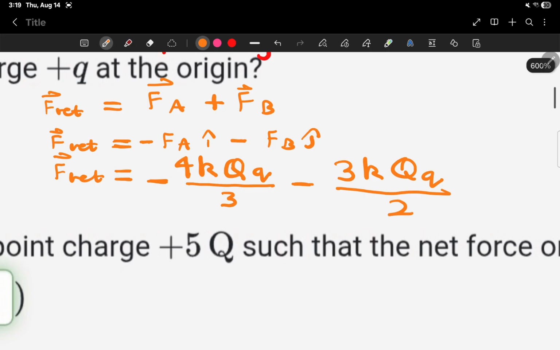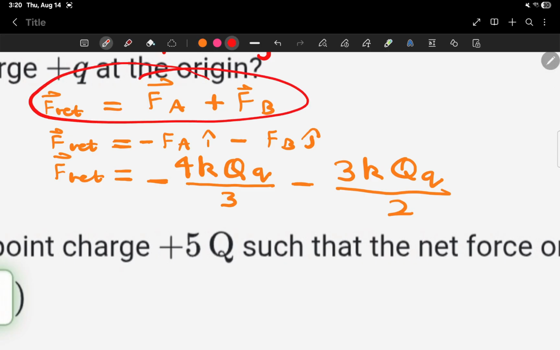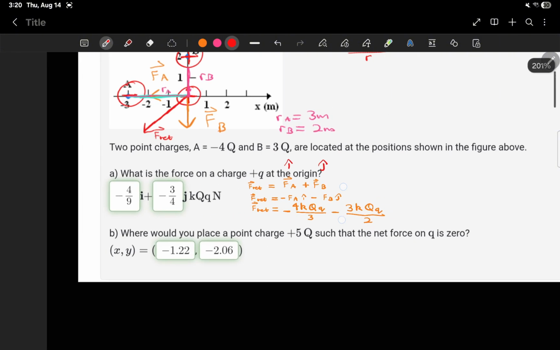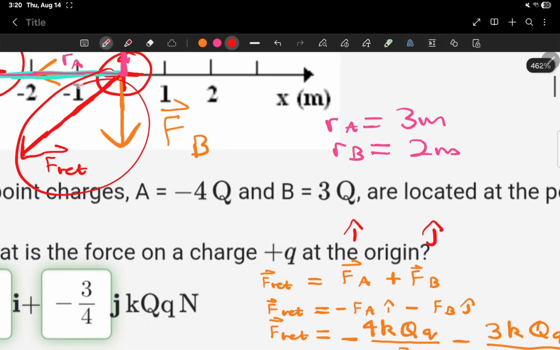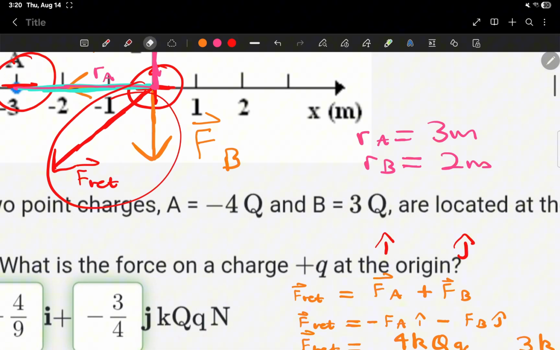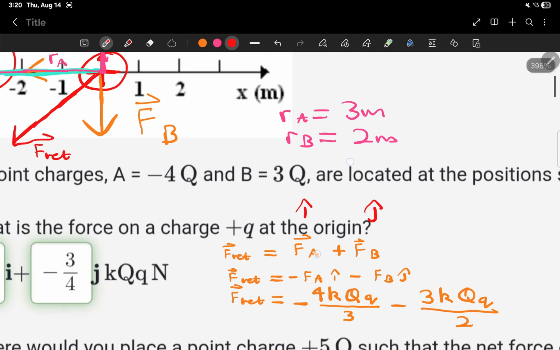Basically, to repeat one more time so that you've understood, I started with this equation in vector form, right? I drew out the vectors because that was the easiest way to figure out the direction of the net force vector on the charge at the origin, which was negative i hat, negative j hat, and then some number for each of those components.